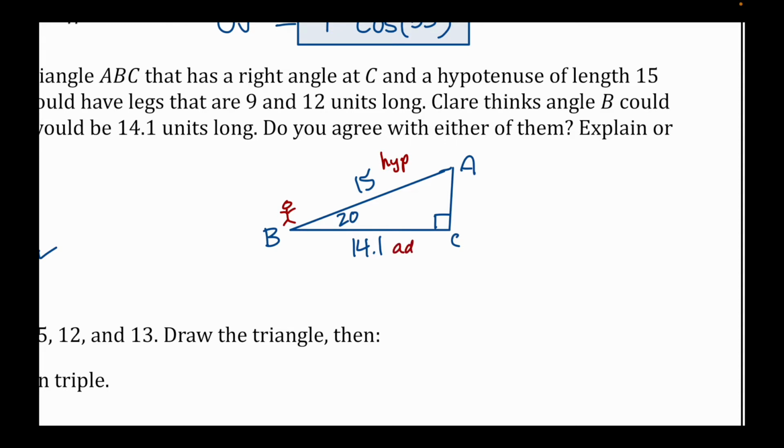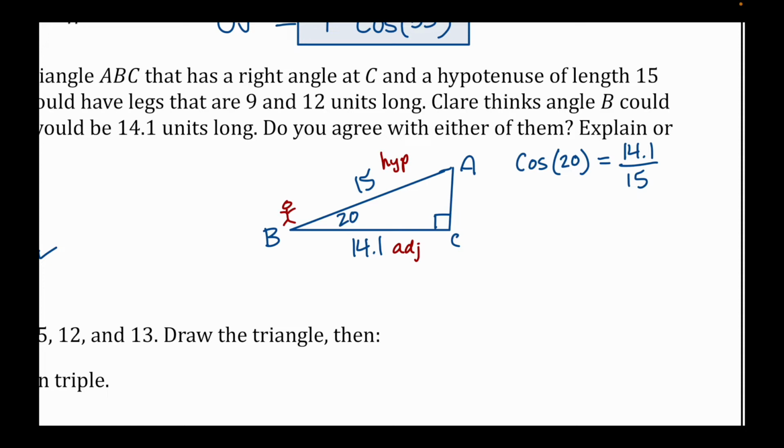This is going to be the adjacent, so I would be looking to do the cosine of 20 degrees and have that be equal to 14.1 over 15.